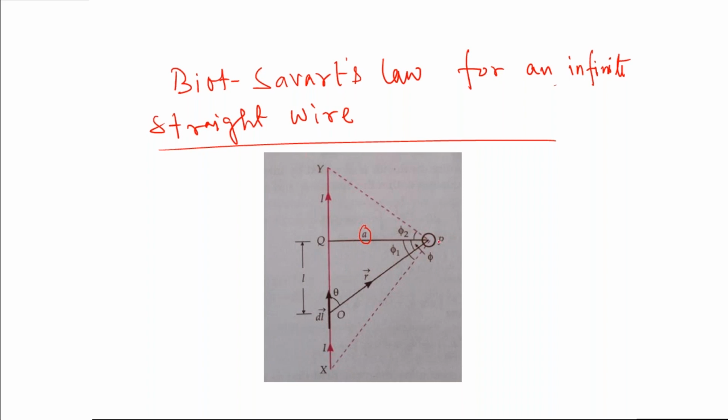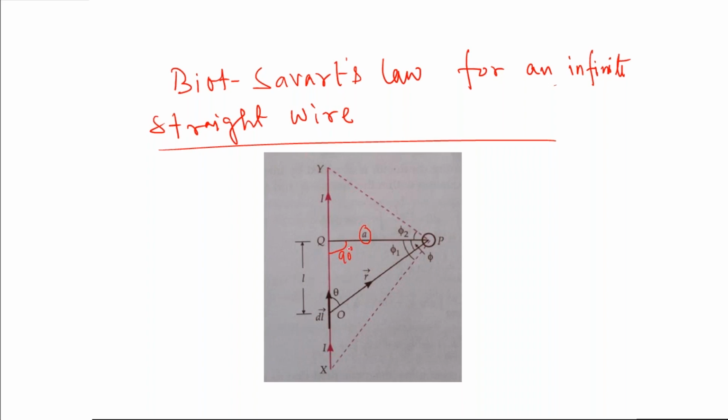Before that, let us draw a perpendicular from this point P to this XY straight wire, which touches the wire at point Q. That means this has a 90-degree angle.